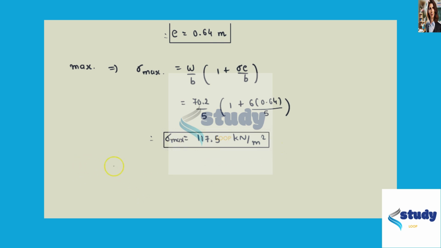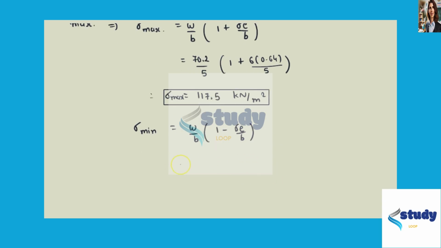Now we can find the minimum stress, that is sigma minimum, which is equal to W divided by B multiplied by (1 minus 6E divided by B). Let's substitute all the values again. It becomes 70.2 divided by 5 multiplied by (1 minus 6 multiplied by 0.64 divided by 5).